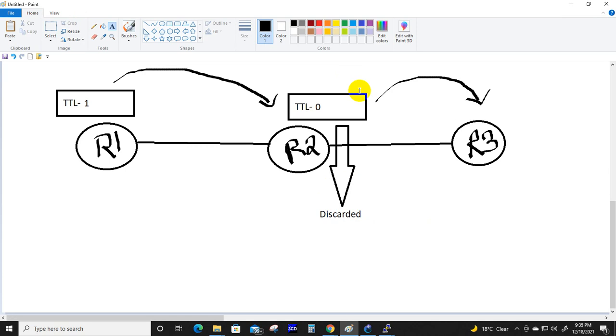The same thing, almost the same thing, is done by message age.